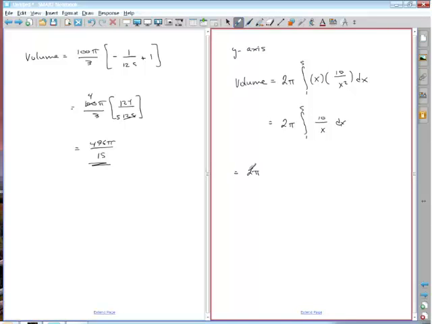We integrate. So let's go ahead and take the 10 out. So we have 20 pi times the integral of 1 over x, which is the natural log of x, and we evaluate that between x equals 1 and x equals 5.